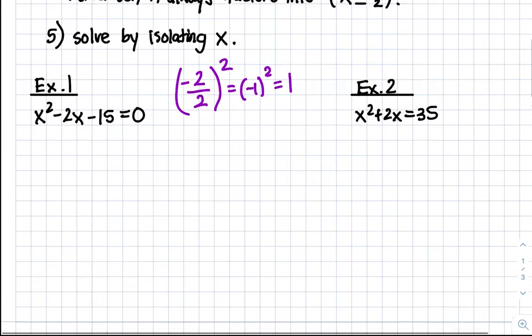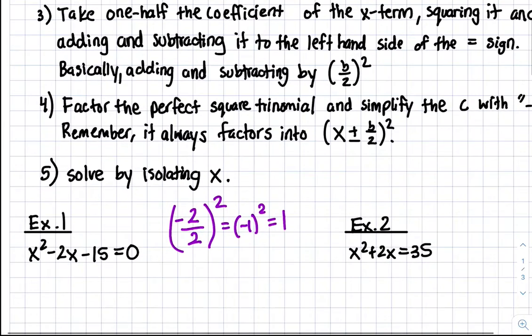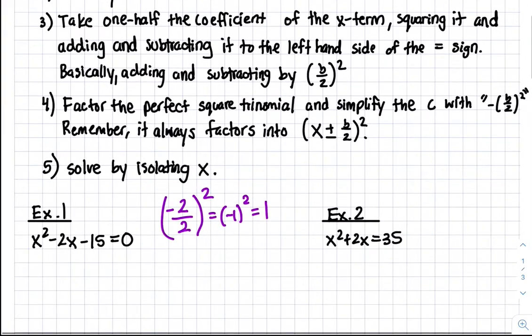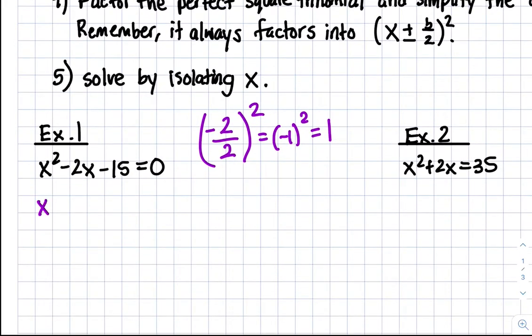So in step 3, we took half the coefficient already, we squared it, and we have to add our 1 to the left-hand side and subtract it. So we're going to have x squared minus 2x plus 1 minus 1 minus 15 is equal to 0.